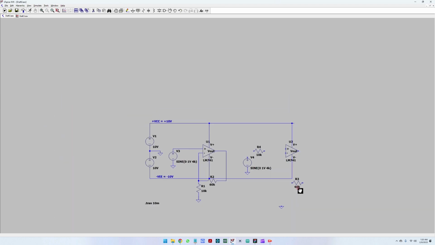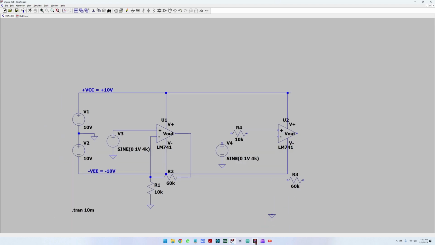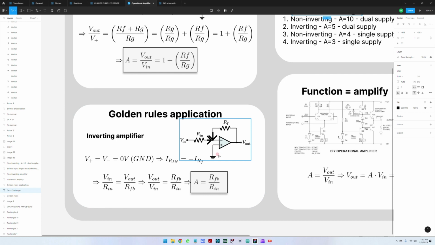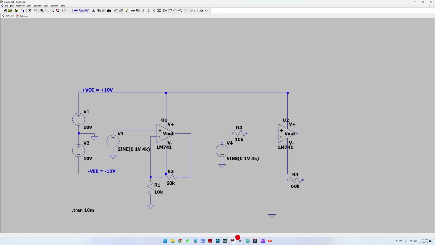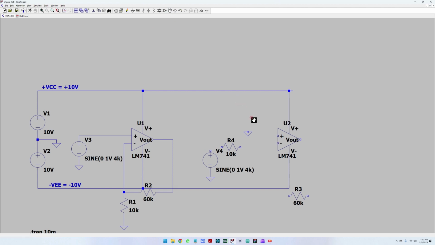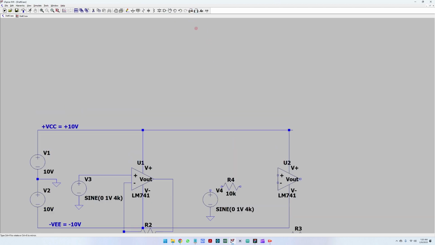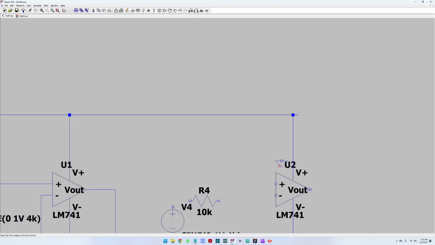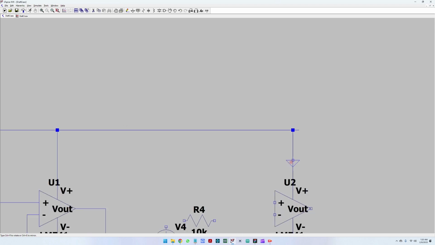Okay. And one last thing, we have to connect the non-inverting input to ground. So I'm going to take a ground connection, just move it a bit. I'm going to keep it this way.